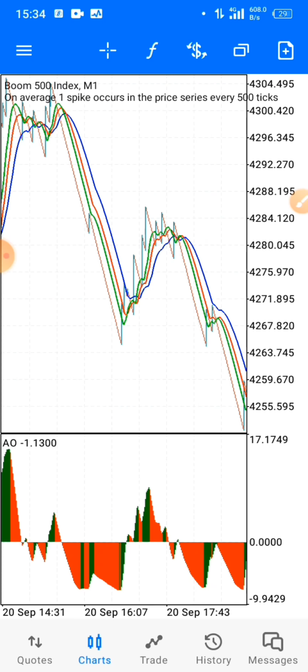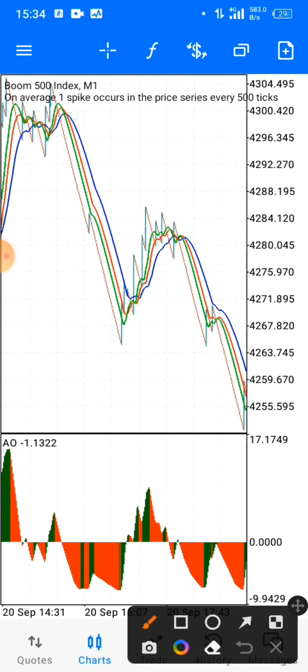For the first rule, firstly we want to see these EMAs, these moving averages, cross for a sell. That's the first rule. Then when a spike occurs, we don't want it to pass through this blue line.